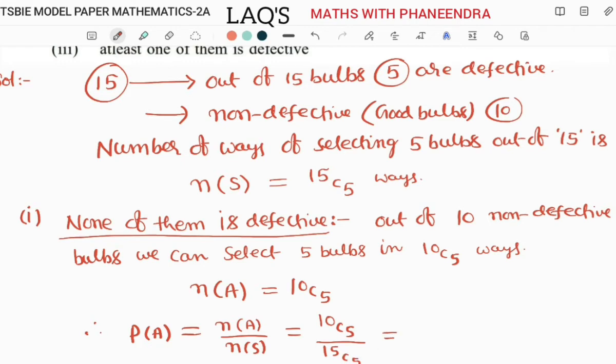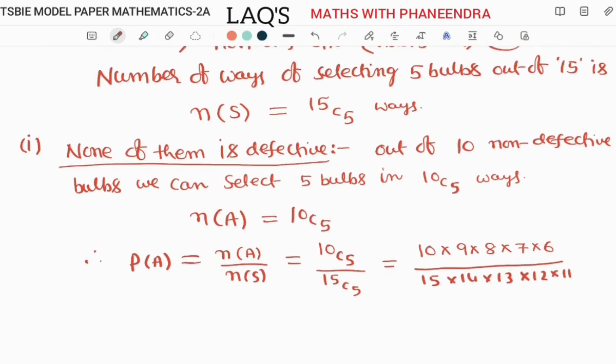Which is equal to 10C5, 10 into 9 into 8 into 7 into 6 by 1 into 2 into 3 into 4 into 5, and 15C5 is 15 into 14 into 13 into 12 into 11 by 1, 2, 3, 4, 5. Anyway the denominators will cancel, so we can cancel it this way.